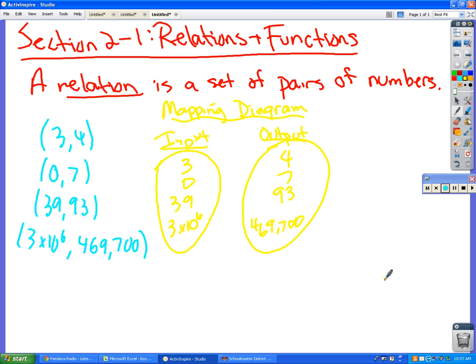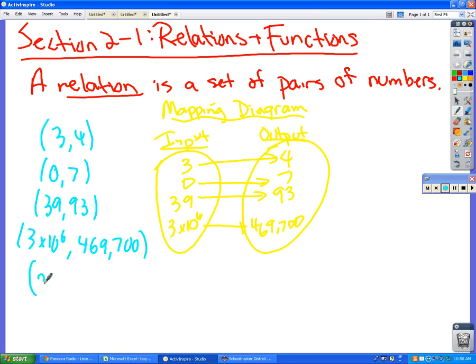The way this works is since we're talking about it as something that's actually happening, like you're putting something in and getting something out, we draw an arrow and say the 3 goes to the 4, the 0 to the 7, the 39 to the 93, and that one to that one. For this relation, those arrows aren't very interesting because they all go straight across.